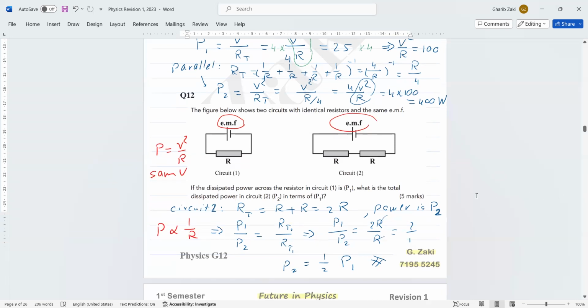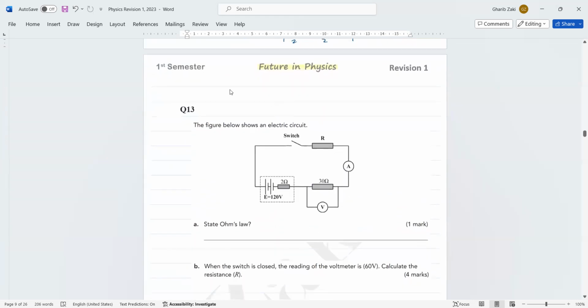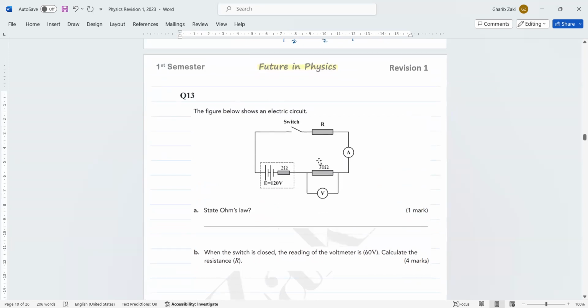Now, next question. Question number 13. Start, please, to solve question number 13. It said state Ohm's law. Ohm's law states that current in a conductor, you have to say conductor, not semiconductor, is proportional to the potential difference across it at constant temperature.